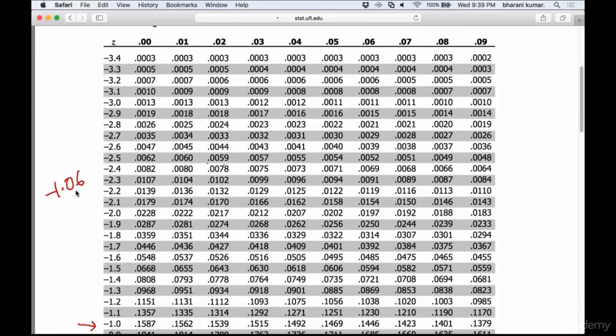So I need to also look into 0.06. 0.06 is here. If I traverse in this direction, and if I traverse in this direction, here is the intersection. So this is the value corresponding to minus 1.06.